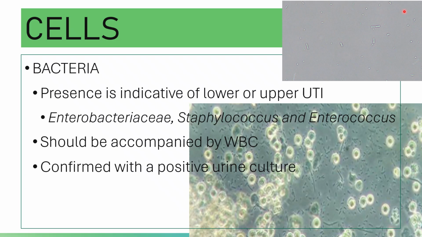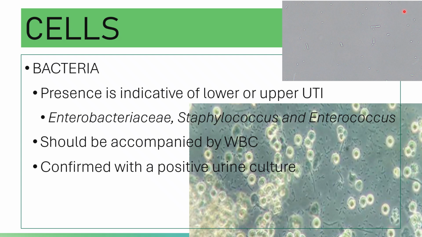Observing their motility is useful in differentiating them from amorphous phosphates and urates, because at times, for a neophyte, bacteria can be mistaken for amorphous phosphates and amorphous urates, since they have a similar appearance. Observing the motility will help to differentiate among them.